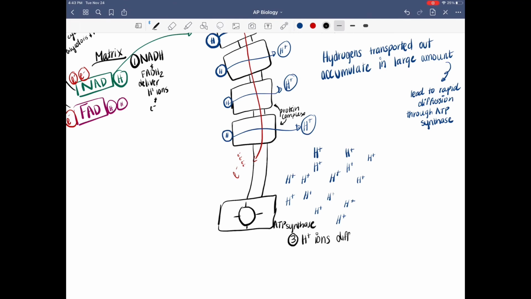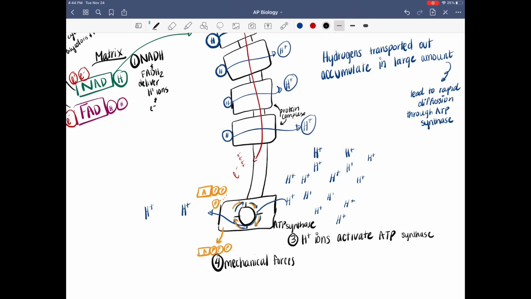So those hydrogen ions that are going to diffuse are going to activate ATP synthase. All right, so they're going to go through, and the mechanical energy from them moving through the ATP synthase, like turning a wheel, is going to be the mechanical energy that can then be used to take an ADP molecule and bond it to another phosphate, creating ATP.